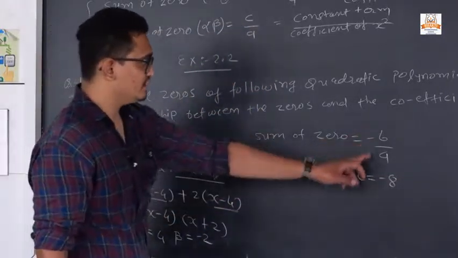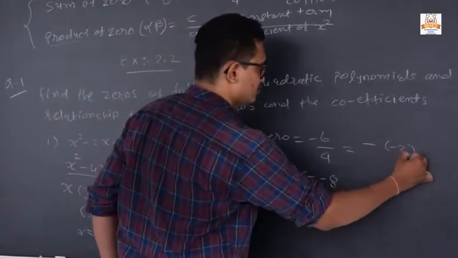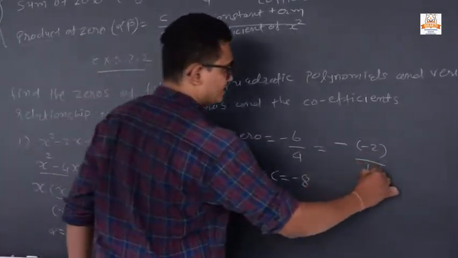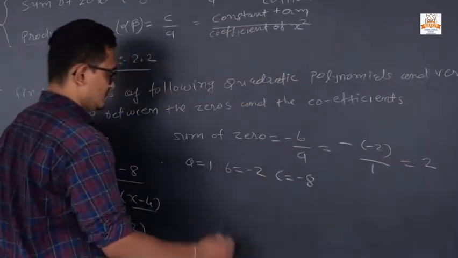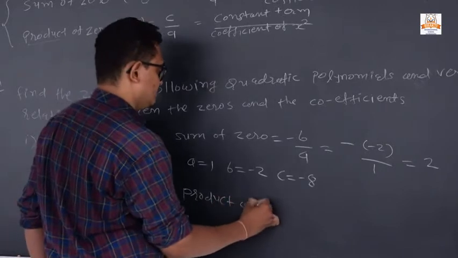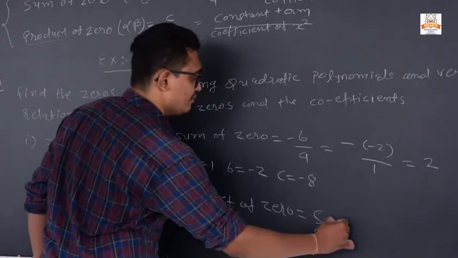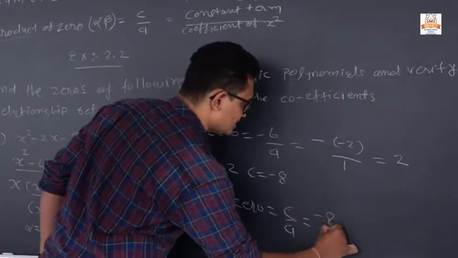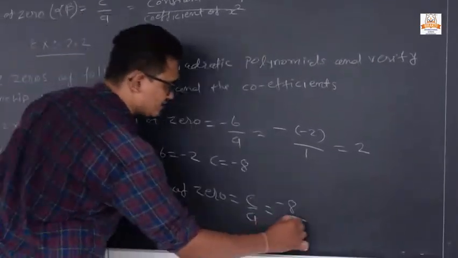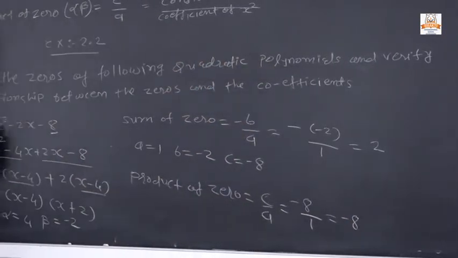Now we will put that value in our formula. B is equal to minus 2. And what is the value of a? So it will be plus 2. Now product of zeros is equal to c by a. So what is the value of c? It is minus 8, and value of a, it is 1. So answer is minus 8. So first question is clear.